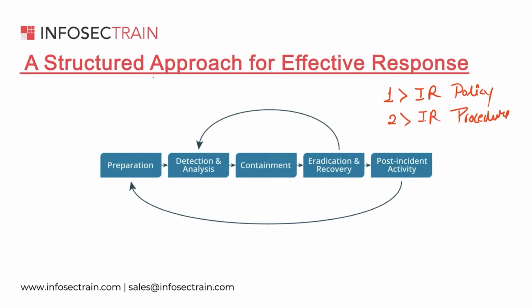When we talk about the second thing, incident response procedures, it describes my organization's actions during incident response. These include the protocol for how different parts of the organization will work together to mitigate the incident, and the procedures for how they should be reporting it. For example, I was taking the example of ransomware earlier.